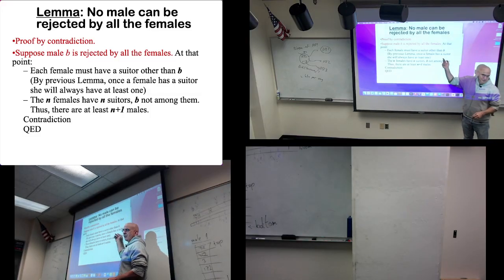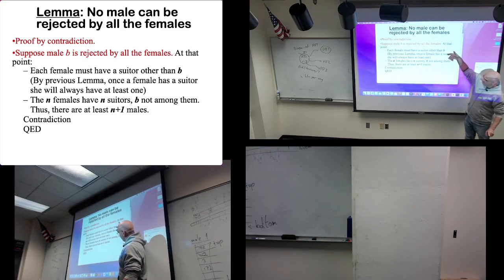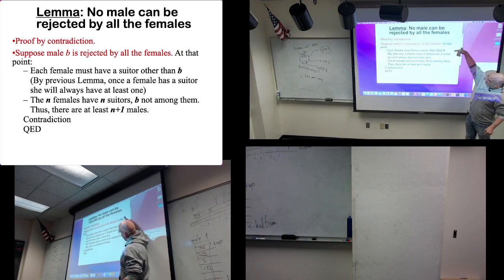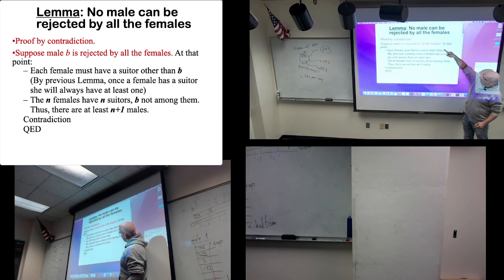How come? Because there is a one-to-one relationship between females that are currently having a male on a string. And if a male B was rejected by all the females, it means that each one of the other females has somebody on a string.